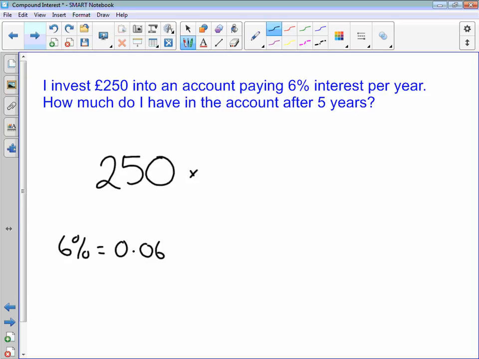So I'm timesing, because it's an increase, by 1.06. And the power I'm raising 1.06 to is 5. We want 5 years. And if we work that out, we end up with £334.56, rounded to 2 decimal places.